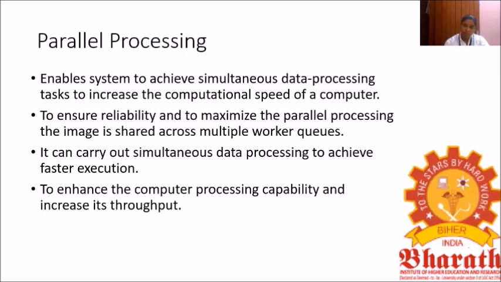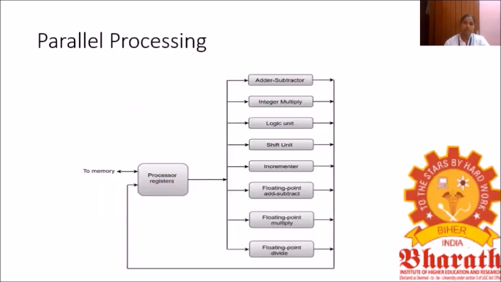To explain the parallel processing, we can see one good example. This diagram shows one way of separating an execution unit into 8 functional units that operate in parallel. Here, the one big unit is the processor register.